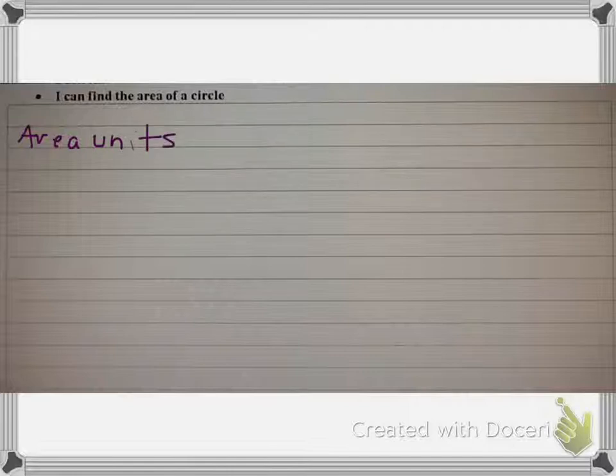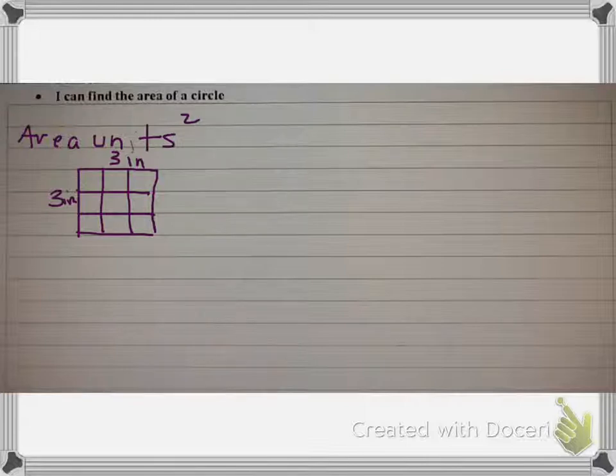What I mean by that is if we have a 3 by 3 square, so it's got 3 and 3, and when we create the actual squares inside of it, oh sorry, and these are 3 inches, that means we have 9 of those boxes that are an inch by inch, which means inches squared, because something times itself is squared.